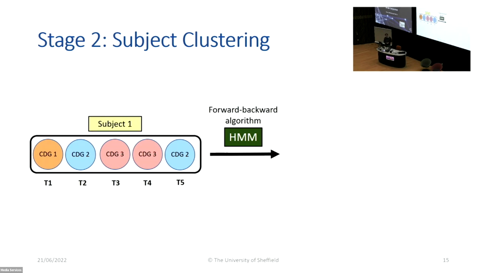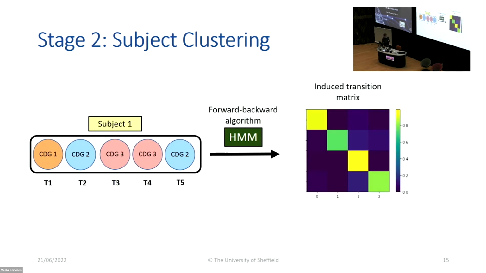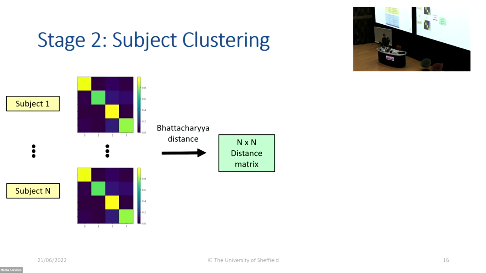Afterwards, we take each sequence of these characteristic disease groups and pass it through the HMM using the forward-backward algorithm to produce an induced transition matrix. We apply this same process for the entire data set, and we find the induced transition matrices of all the subjects.